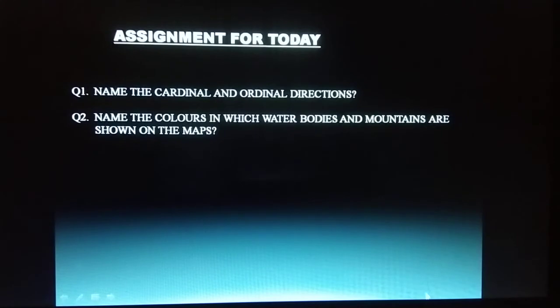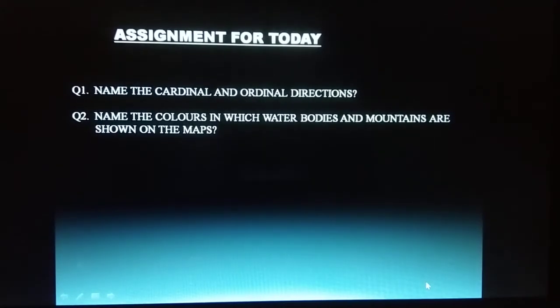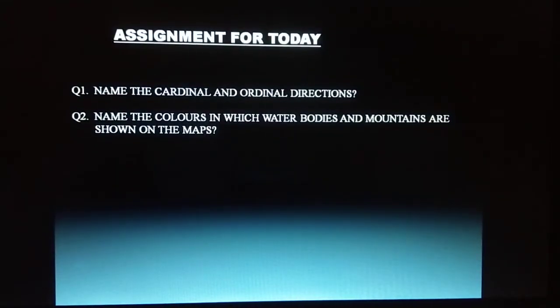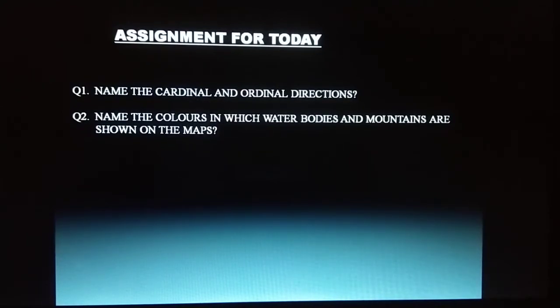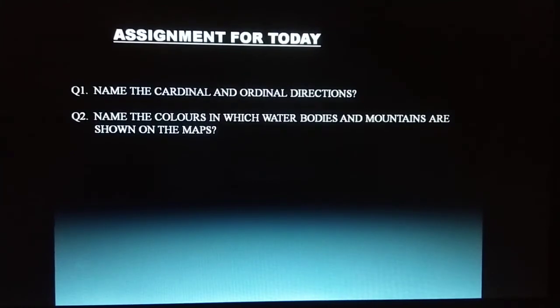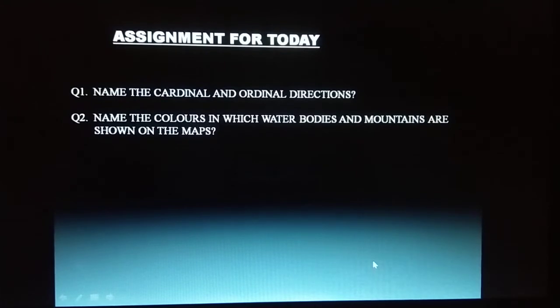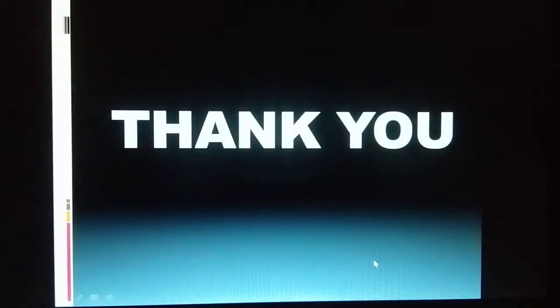Now the assignment for today is: name the cardinal and the ordinal directions. Ordinal directions are called the subdirections or the intercardinal directions. Name the colors in which water bodies and mountains are shown on the map. Okay, I hope you can easily solve these two questions.